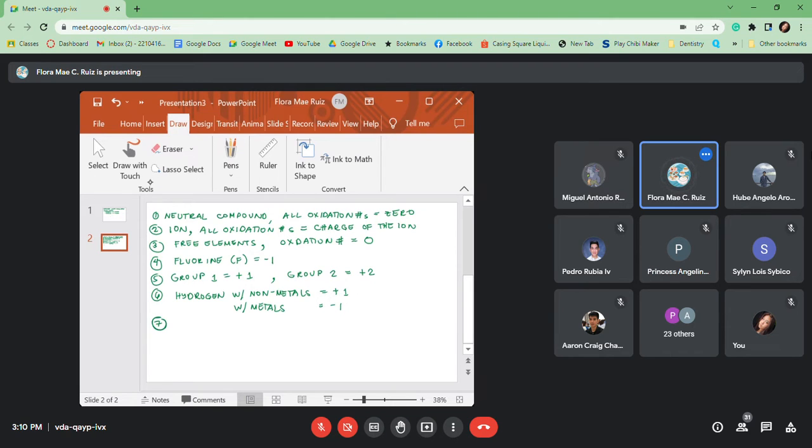Next, oxygen has an oxidation number of negative 2, except when it is paired with fluorine or in peroxides.